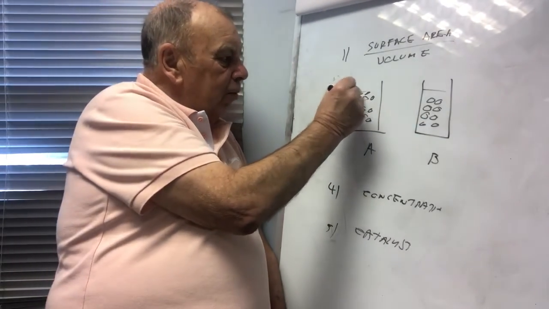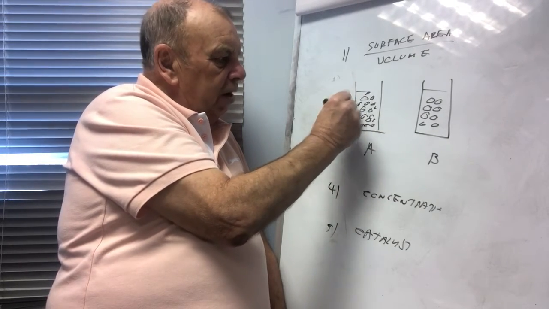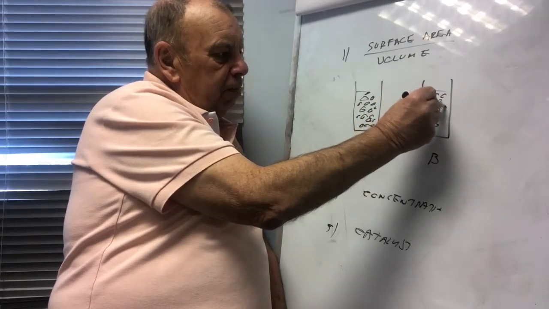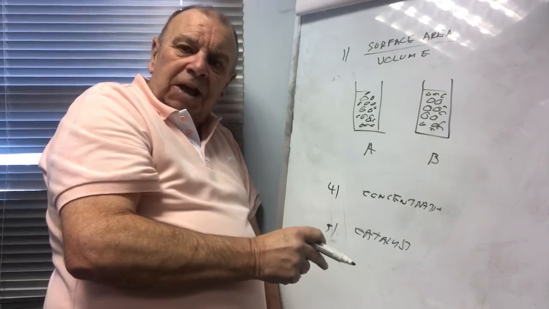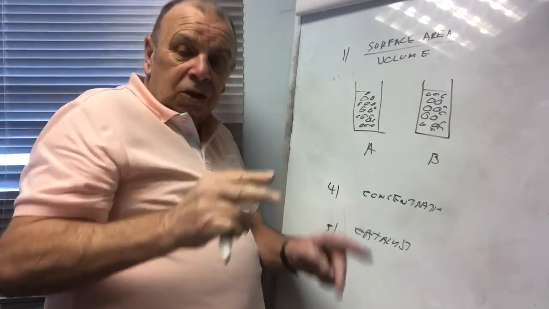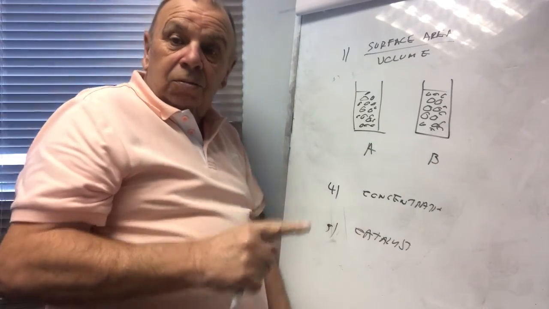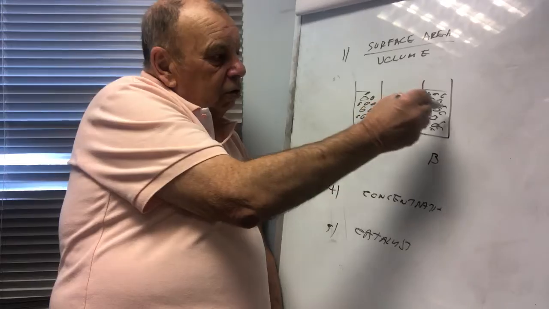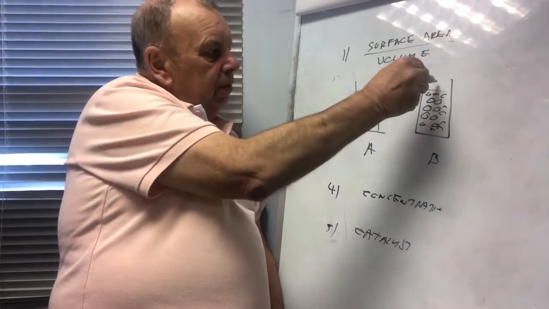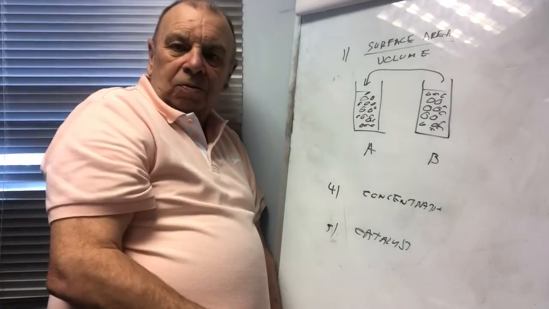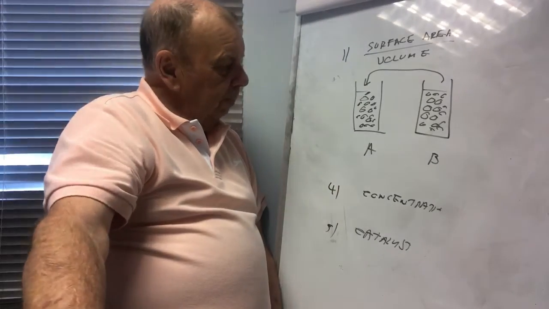But suppose now I increase the concentration of the reactants of both A and B, and I mix them together. The greater the probability of particles, I'm using that word particles, it could be chemicals, molecules or ions, the greater the chances of particle A mixing with particle B, reacting together, collision is higher.